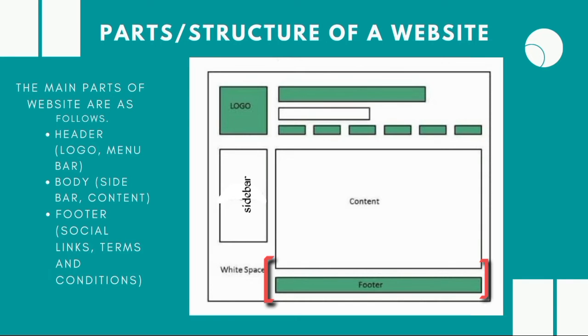So the footer, which is this, is basically where you have the social links, the terms and conditions, your quick links, and many other things can be in your footer. So these are the three sections or the three parts of a website traditionally. You can see these three parts in different forms. I think this should be enough for you to have an idea exactly what the parts of a website are.